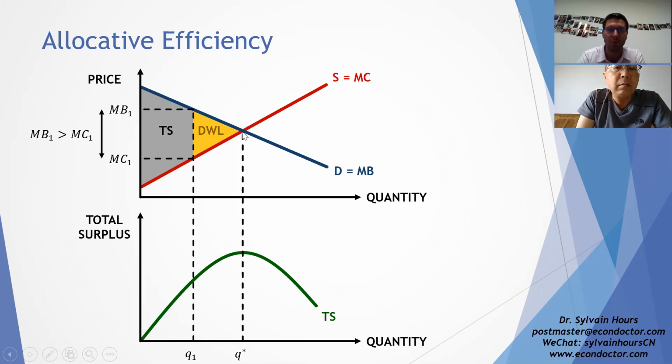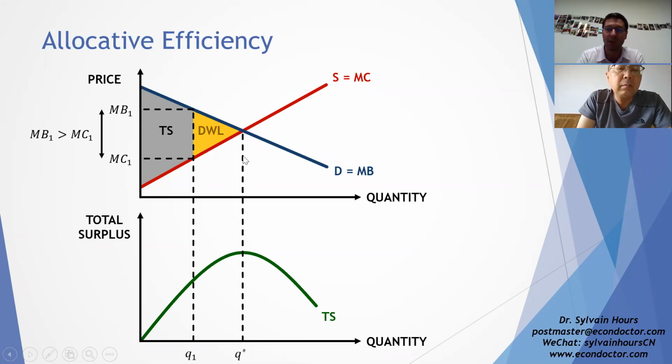It could be equal to the big triangle, right? If we increase production, if we produced Q star, total surplus would be equal to this big triangle. So there is a loss in total surplus. The loss in total surplus is represented by this small triangle that we call the deadweight loss.